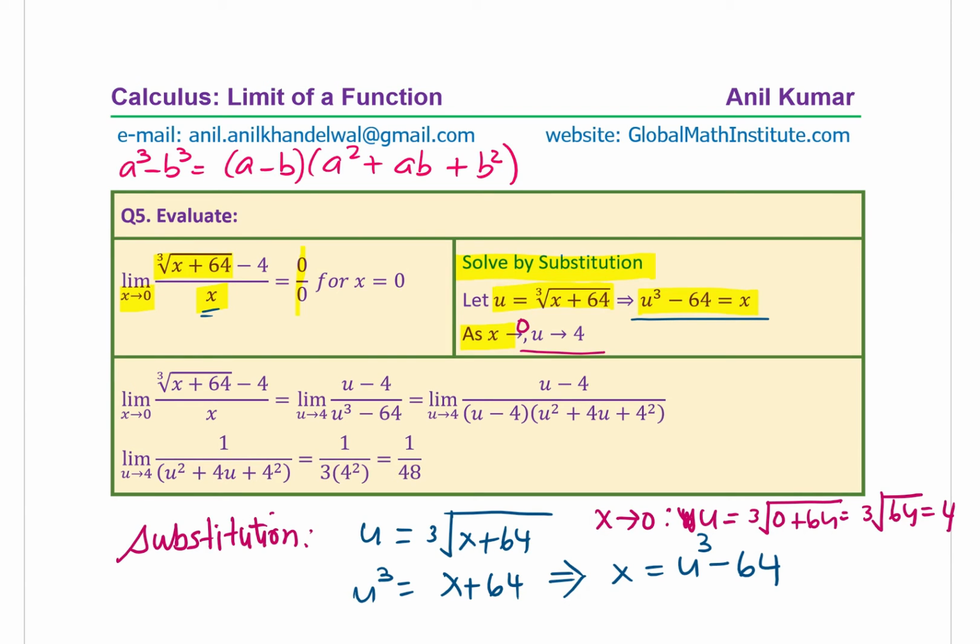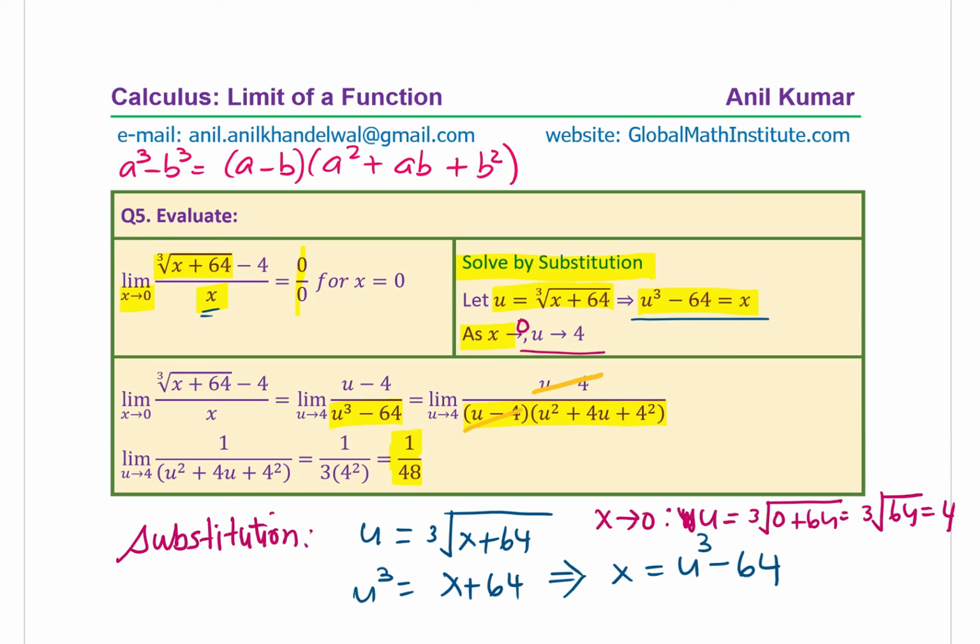Once you apply this formula, it's very easy to factor the denominator and write it as shown here. Now you can cancel the common terms. Cancelling them leads to a simplified expression where you could substitute u equals 4 and get your solution. Perfect. So we get our answer, which is 1 over 48.